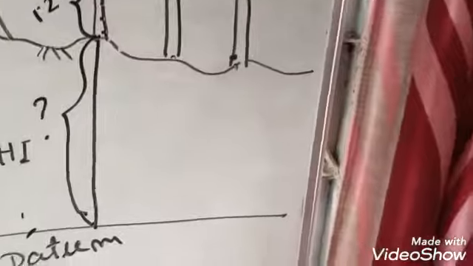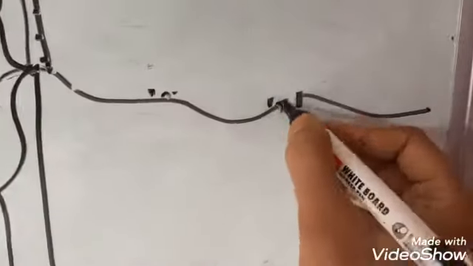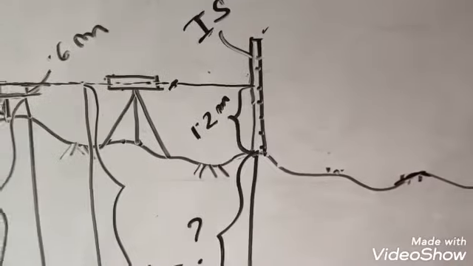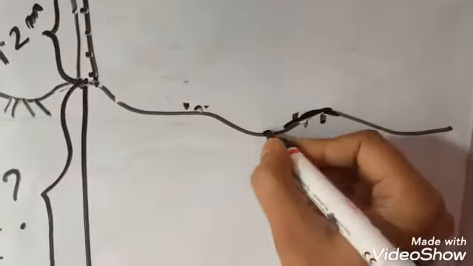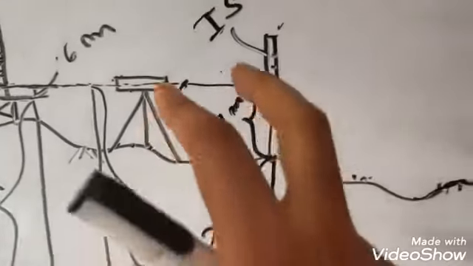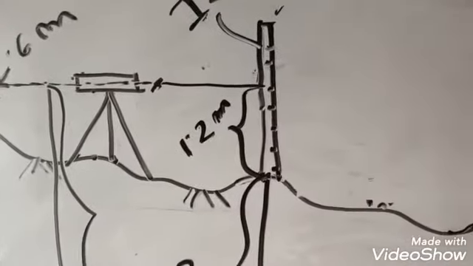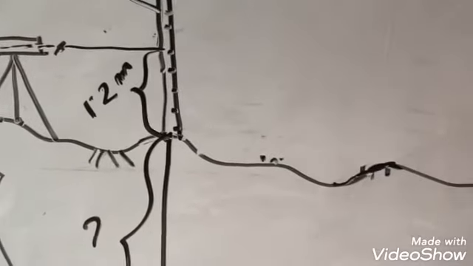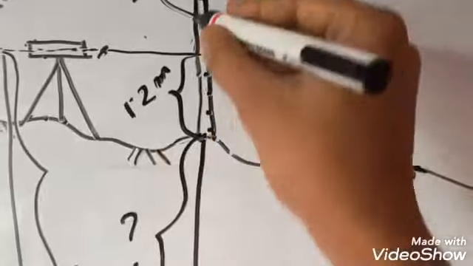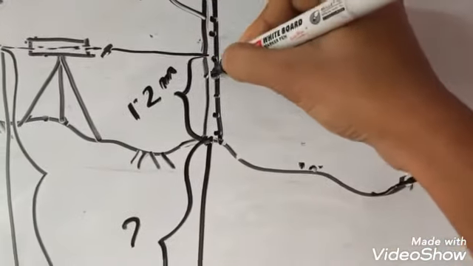But there will come a place or point beyond which the visibility of the telescope will not be very good. Suppose beyond 100 meters we will not see these readings clearly.